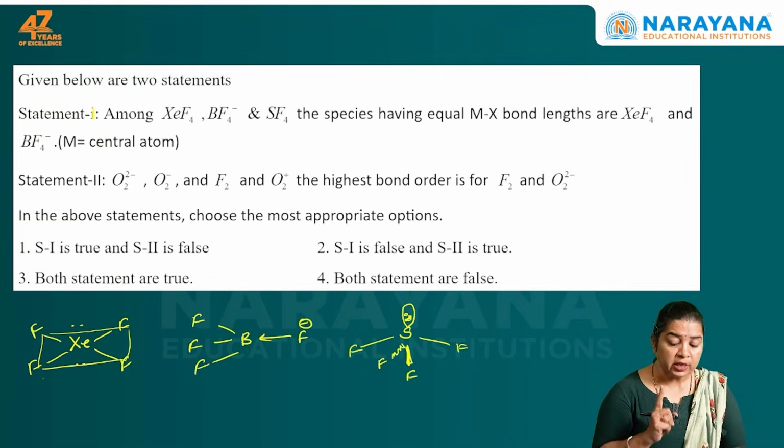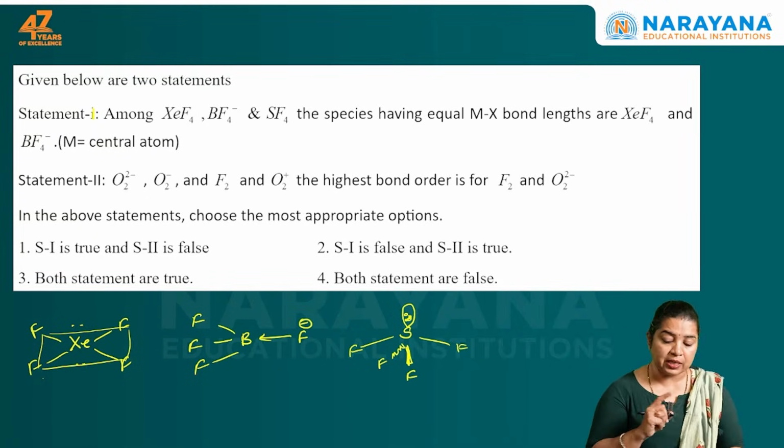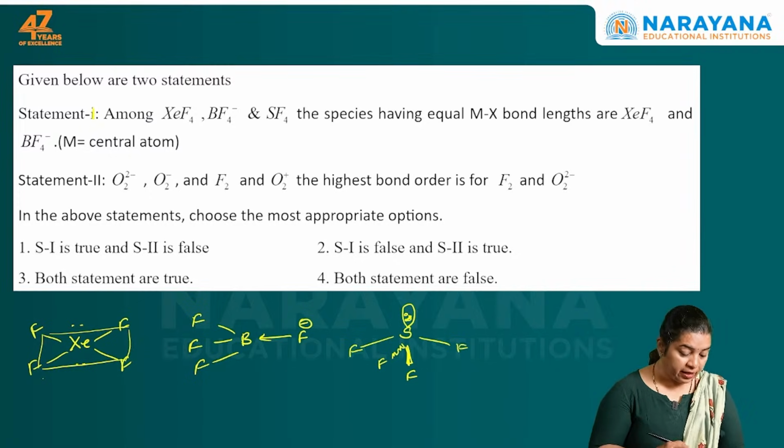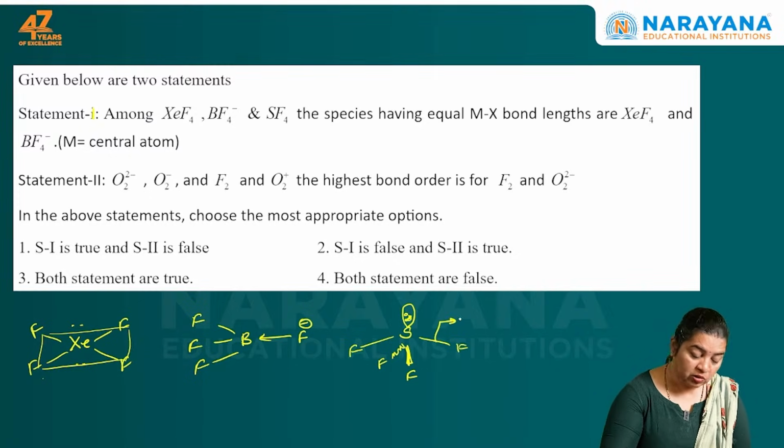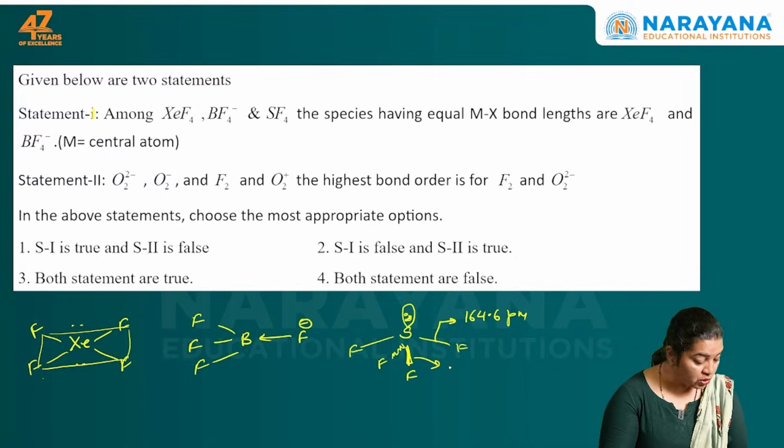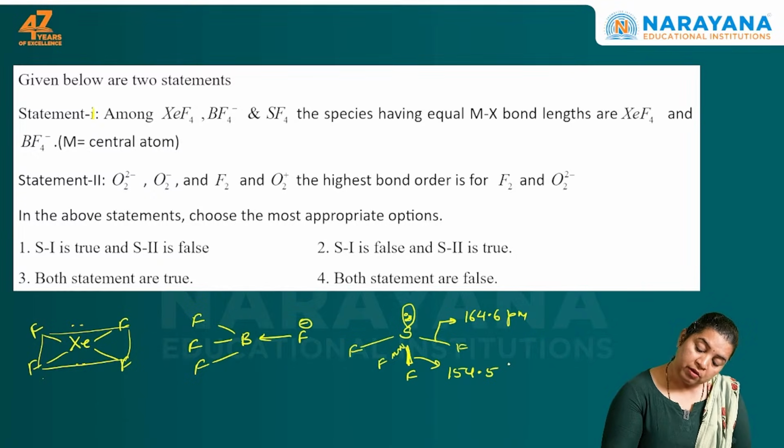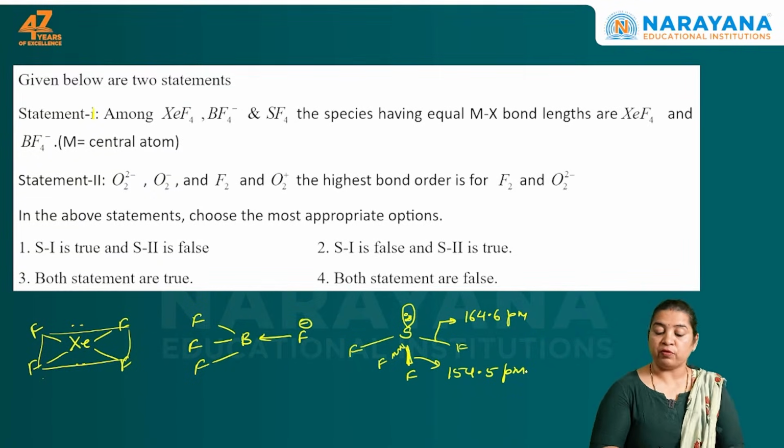So, two S-F bond lengths are of one size, whereas the other two are of a different size. This particular one is 164.6 picometer, and these which I have placed on wedge and dash are 154.5 picometer. It is a seesaw shaped structure.